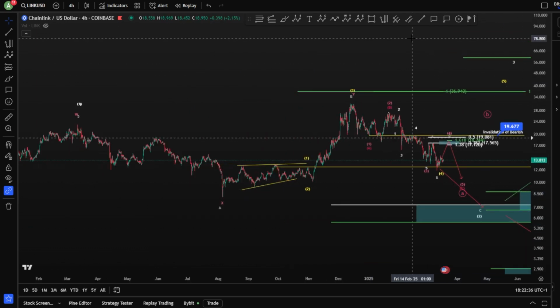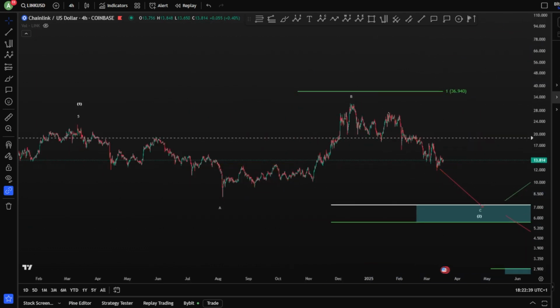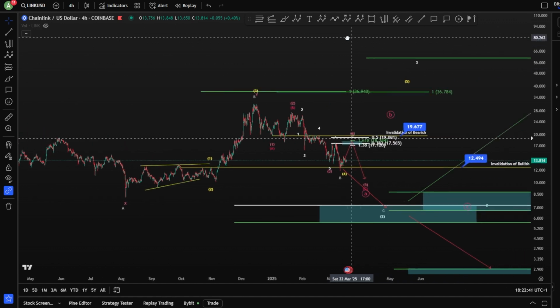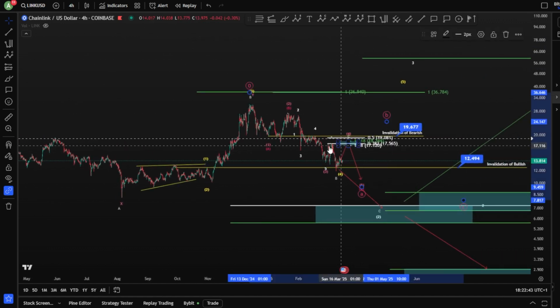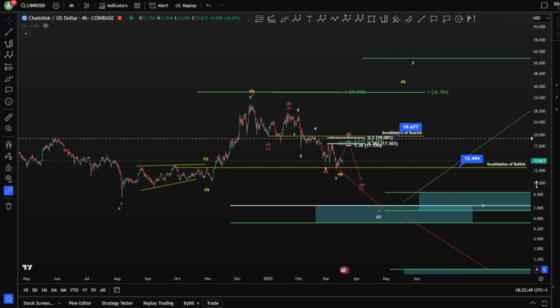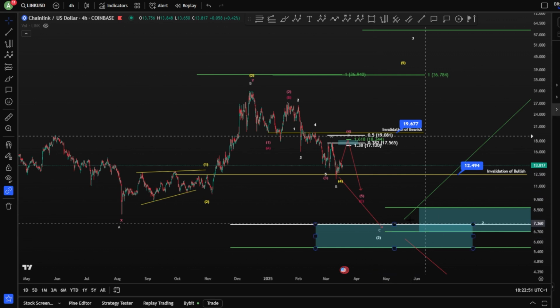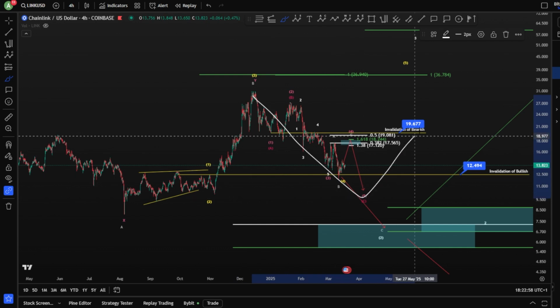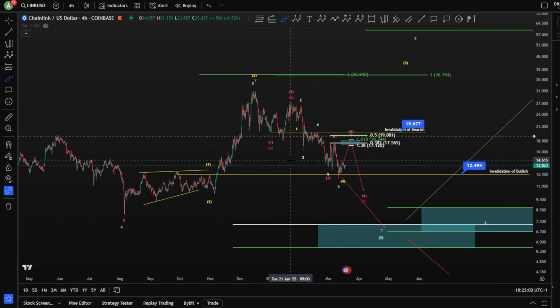But basically I'm looking for this scenario. Basically, if we are in wave A for a potential much more bearish scenario, which I doubt actually, I prefer to remove it right now until we break this low. But potentially, this can be a wave A, guys. It can be a wave A, B, and a C towards the downside, but hopefully not.